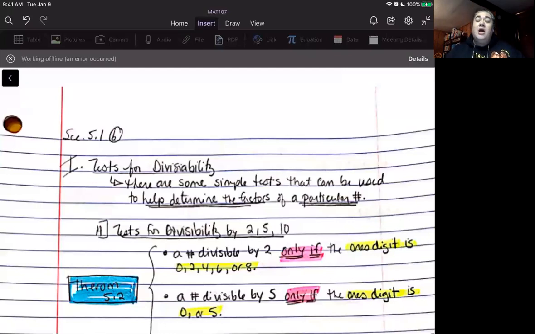So that's what we're going to talk about today, because there are some tests that we can use to determine what factors are divisible into a particular number. This is a good way to determine the prime factorization of a number, because if you can check divisibility, you know what prime factors to choose from when creating your factor trees.